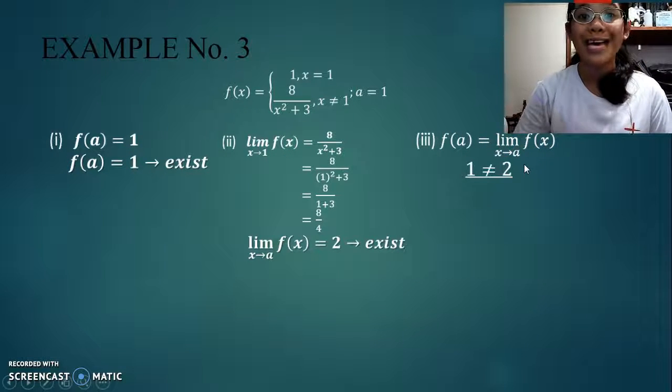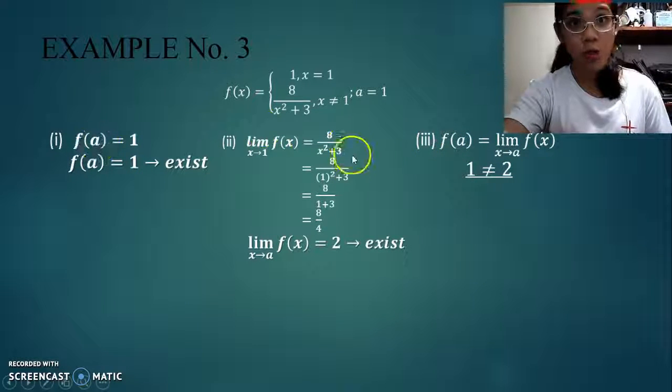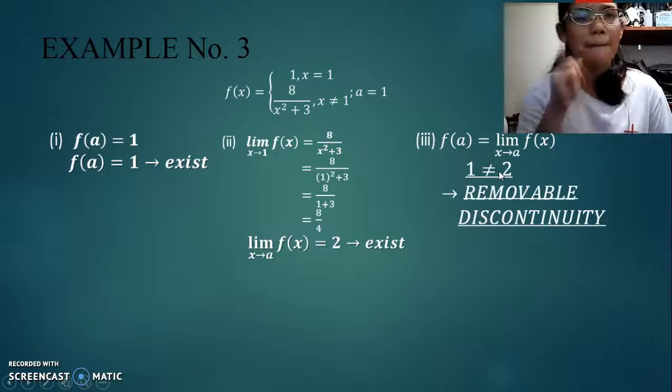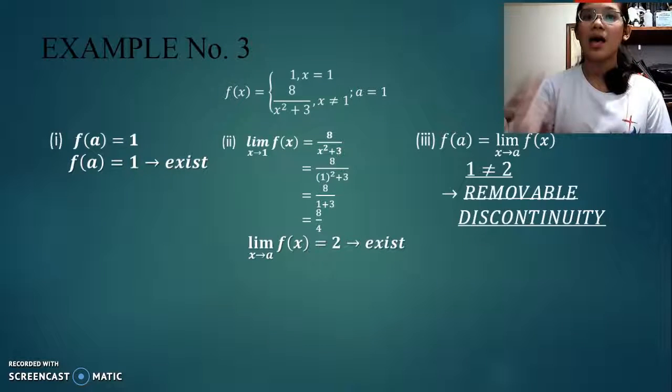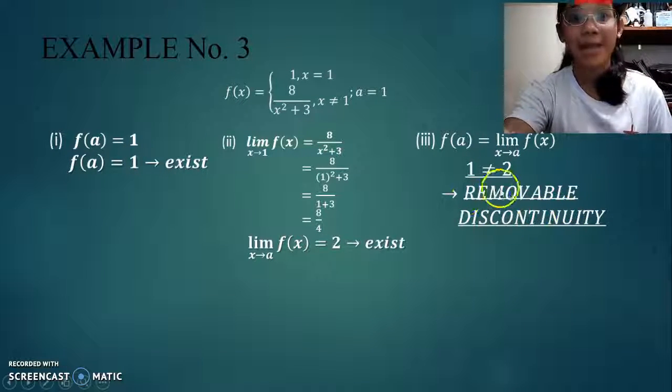But 1 is unequal to 2. So, since these two values are unequal and it dissatisfies condition number 3, but satisfies conditions 1 and 2, we are now having a removable discontinuity. But not to worry. This is not done yet because in removable discontinuity, we can manipulate it.